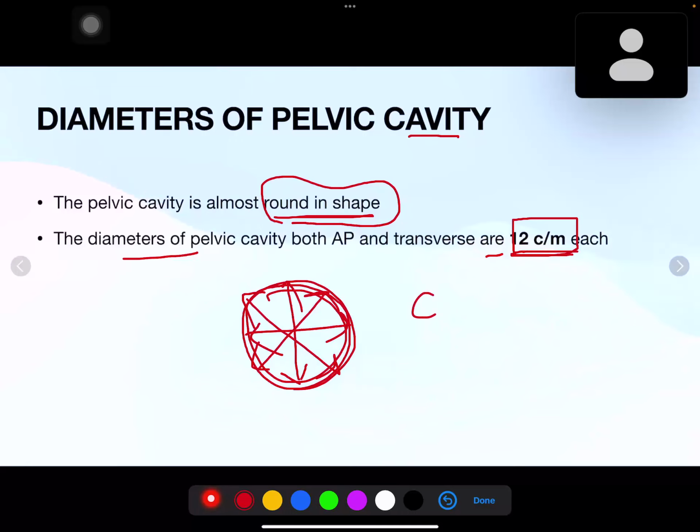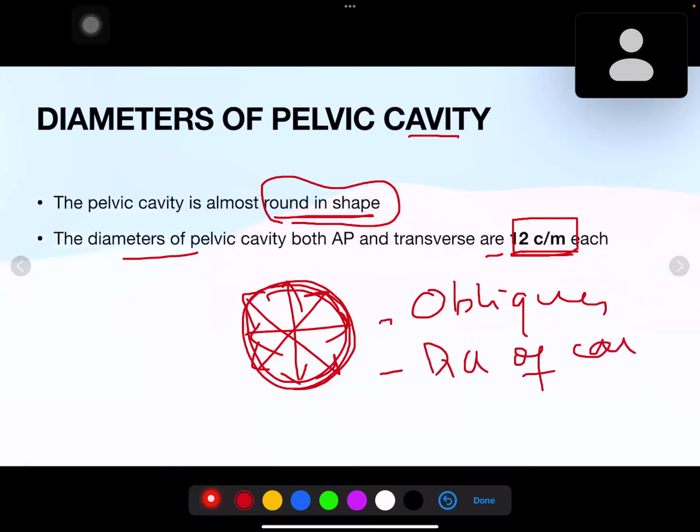All the obliques are 12 centimeter, and all the diameters of the cavity are 12 centimeters.